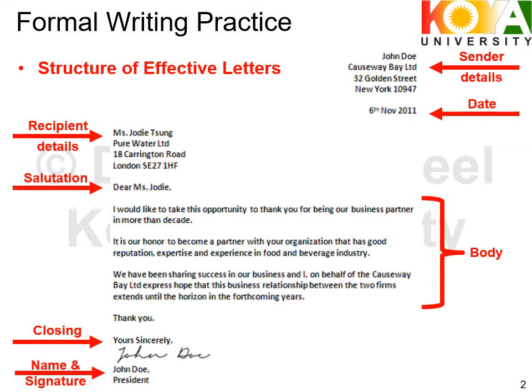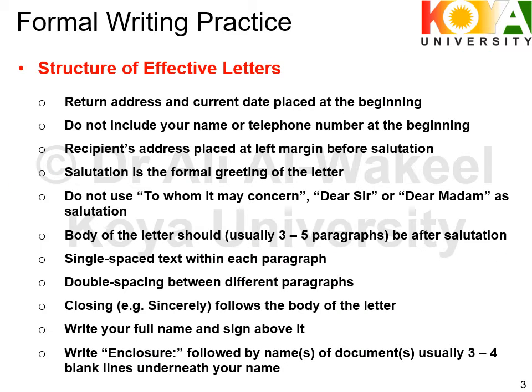You must always clearly state the name or the names of the documents being enclosed or attached with the letter. These are a few tips about the structure of effective letters.